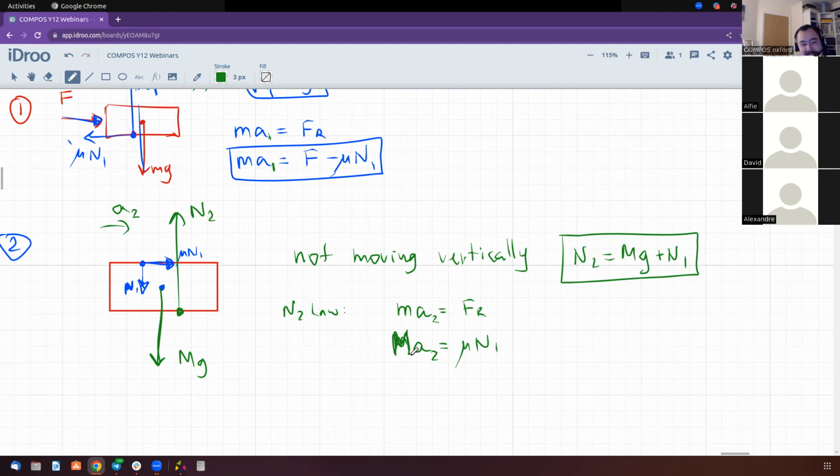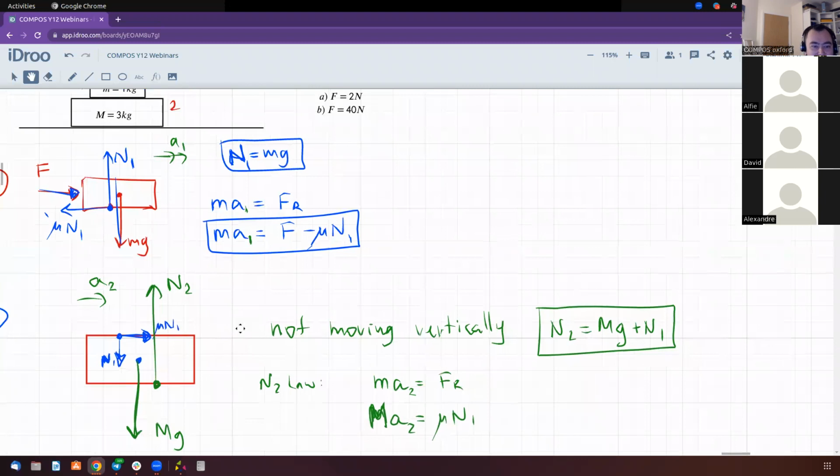So you can see that the bottom block is limited because mu N1 is a known value.